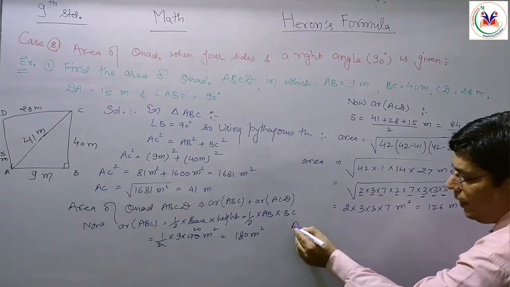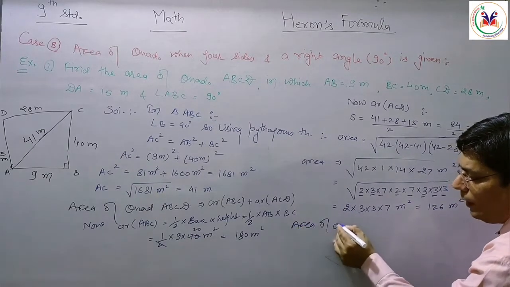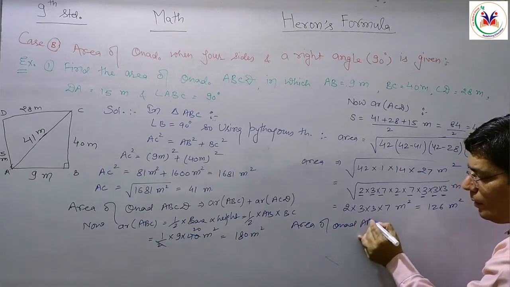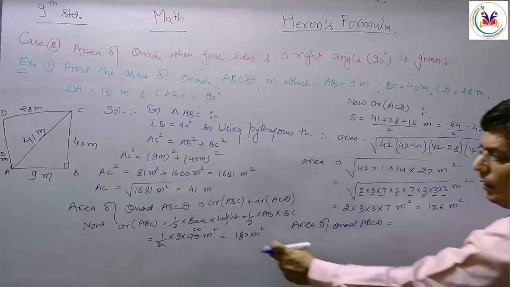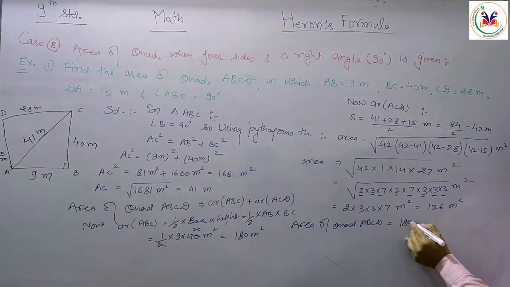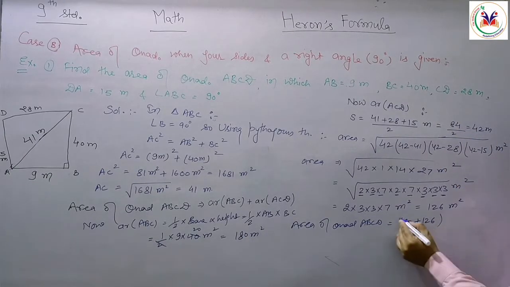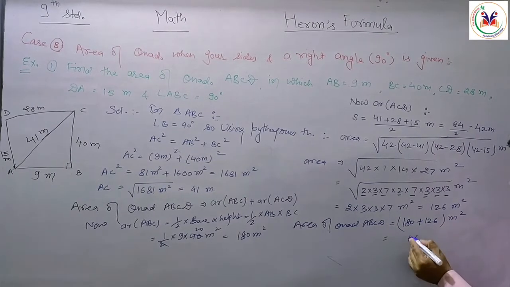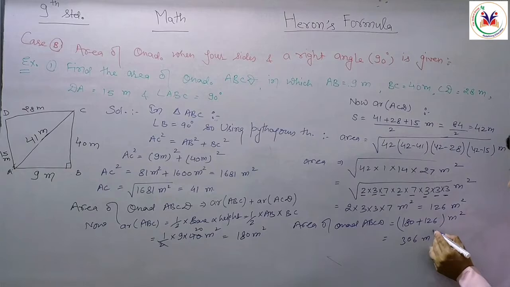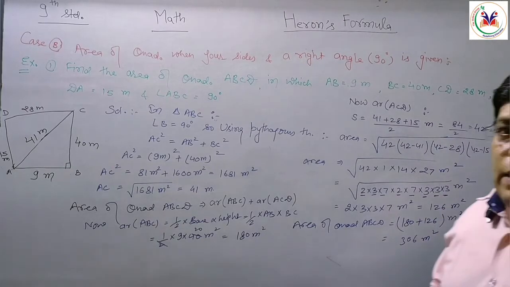Now area of quadrilateral ABCD equals to first area, that is 180 plus 126 meter square. 606, 2 carry 1, 306 meter square. That will be the given answer.